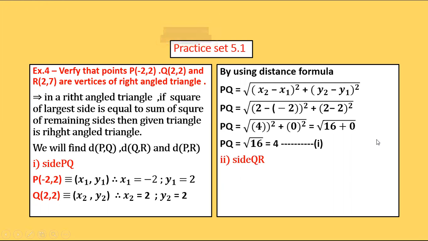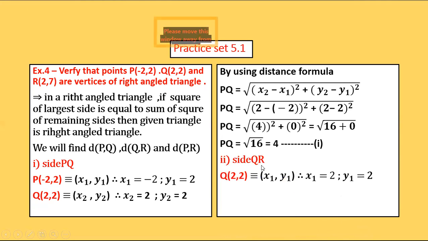Similarly, to find distance QR, that is side QR. The coordinates of point Q(2, 2), consider as x1, y1, therefore x1 is equal to 2, y1 is equal to 2. Point R(2, 7), consider as x2, y2, therefore x2 is equal to 2, y2 is equal to 7.